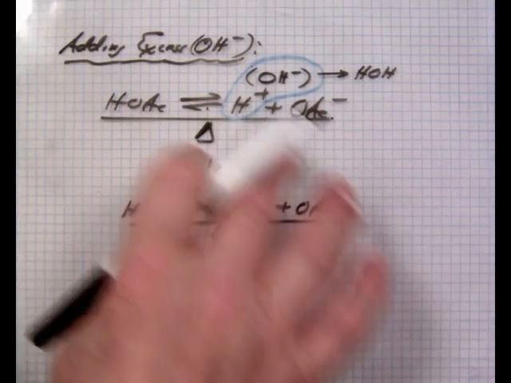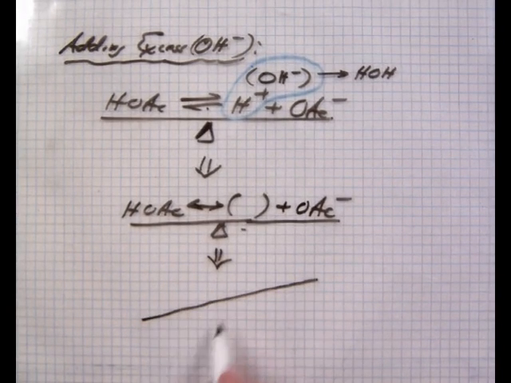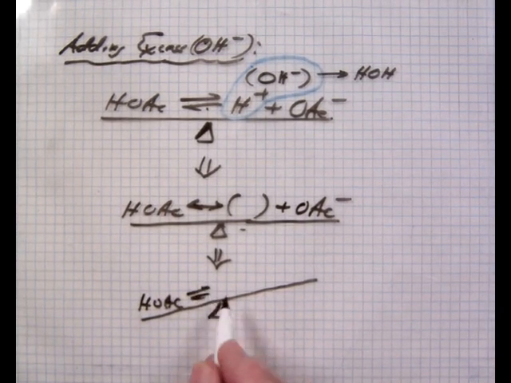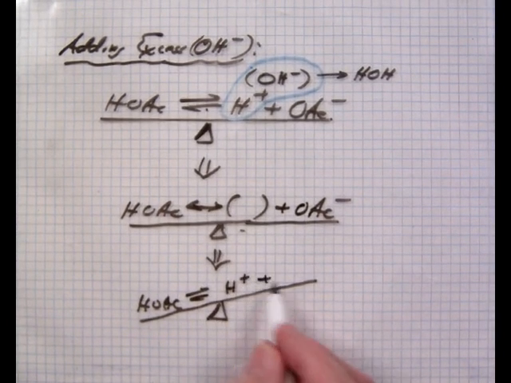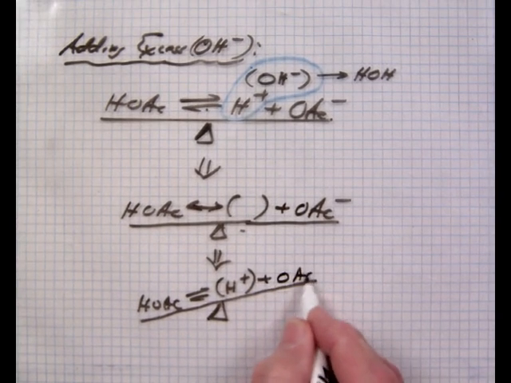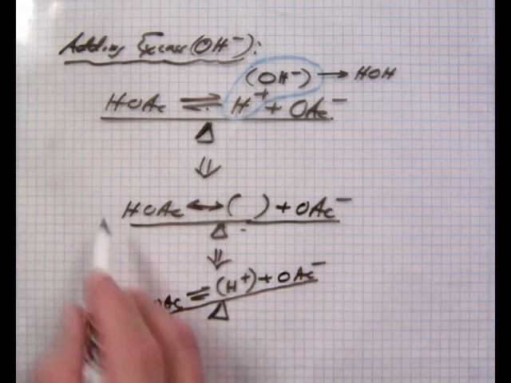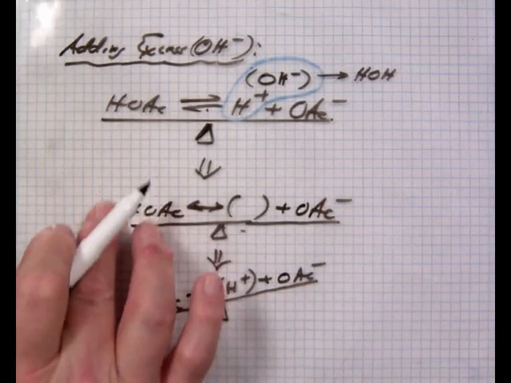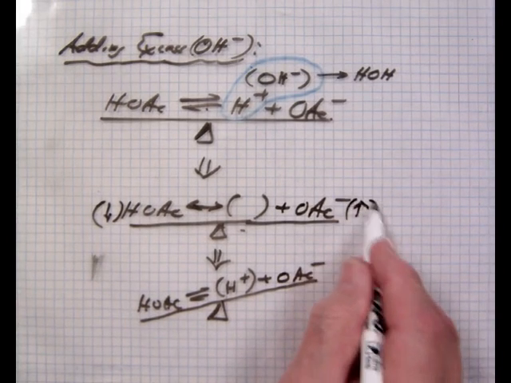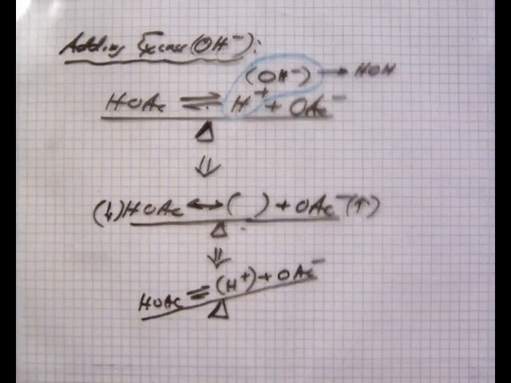Well, obviously, this would cause the tilt to the left to reestablish the new equilibrium, to put extra hydrogens back in. And so as the shift takes place, this goes down in concentration, this one goes up in concentration, and it establishes the new equilibrium.